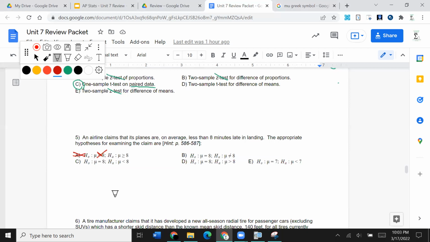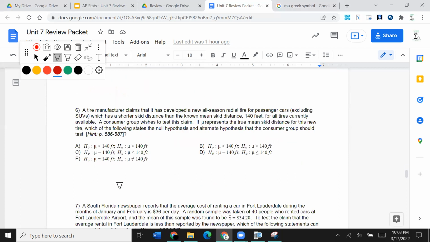And you want your number not to be a sample, but in the actual null, the actual assumption here. So we're trying to prove that it's less than 8. So we don't want to say our null is 7 because our null should be that it is 8. And we're trying to prove that it's less than 8. So right there, less than 8 is what our alternative should be.